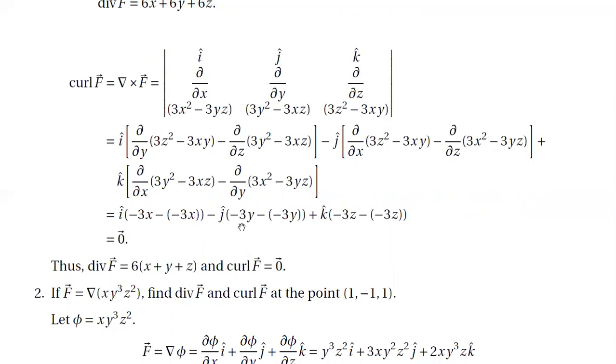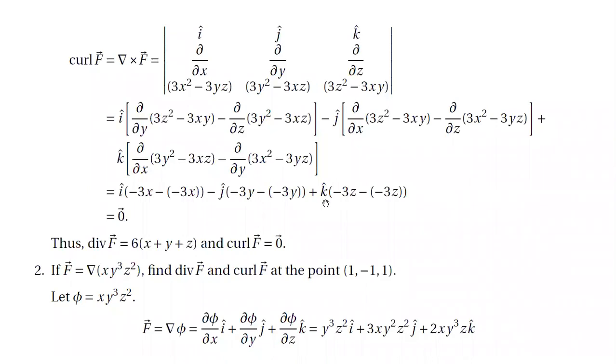Then similarly minus j into dou by dou x of this term gives minus 3y, minus dou by dou z of this term gives minus 3y. So you get minus 3y, and minus of minus 3y is again plus 3y. So they cancel, you get plus 0j.